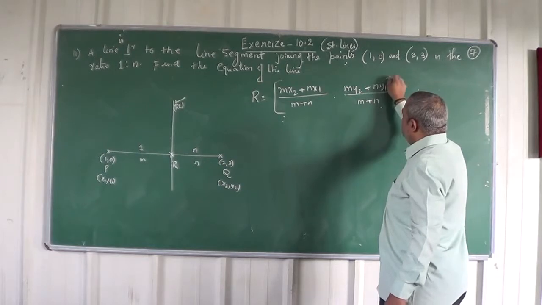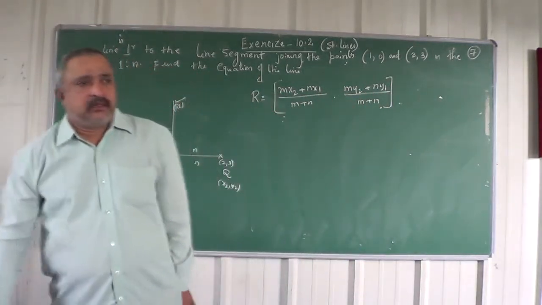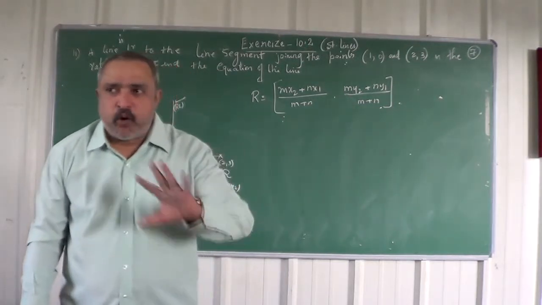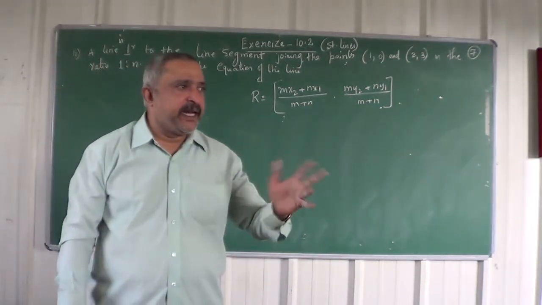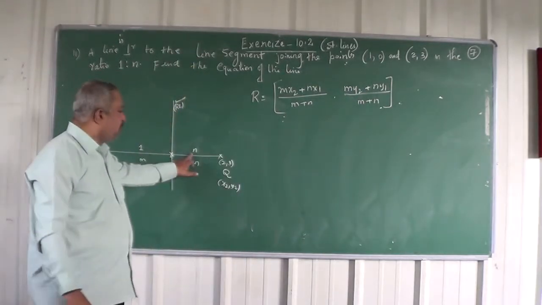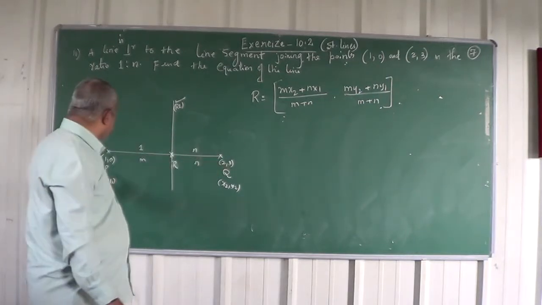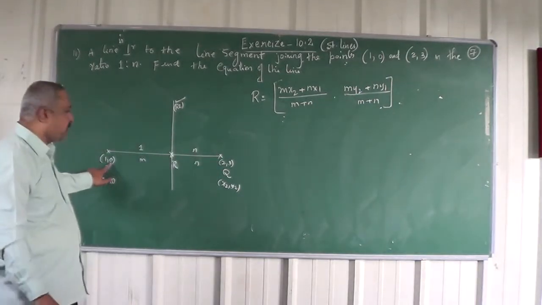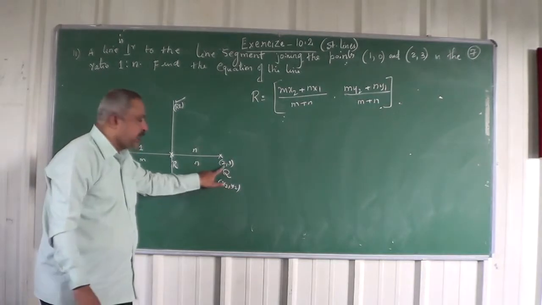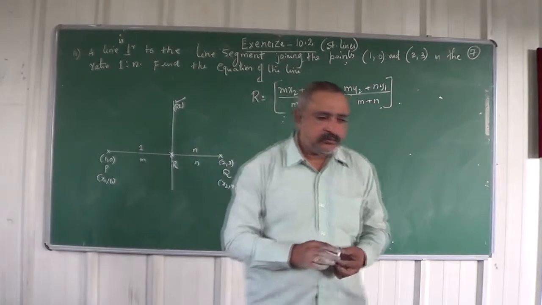Do you know this formula? This is the section formula. This is the formula to find the coordinates of the point of division of a line in a given ratio. What is the ratio given here? 1:n. So m:n becomes 1:n, and x1, y1 can be taken as 1, 0, x2, y2 is taken as 2, 3. Okay, so you write now.